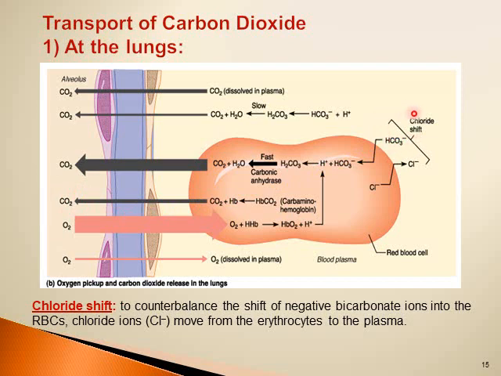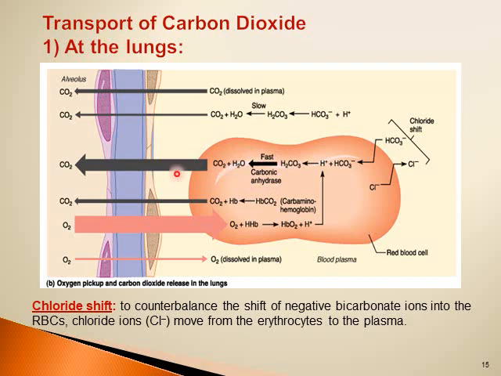Now the bicarbonate, or the 70% of carbon dioxide that is carried as bicarbonate in the plasma, will enter the red blood cells in exchange for chloride in the process of chloride shift to maintain the electrical stability of the cell. The bicarbonate inside the red blood cell will combine with hydrogen to form carbonic acid that will dissociate, in the presence of carbonic anhydrase, to water and carbon dioxide.